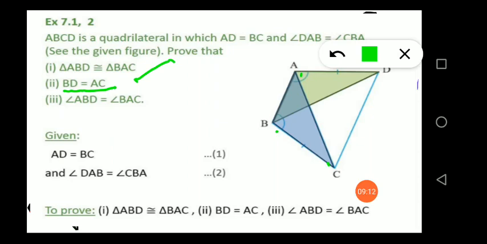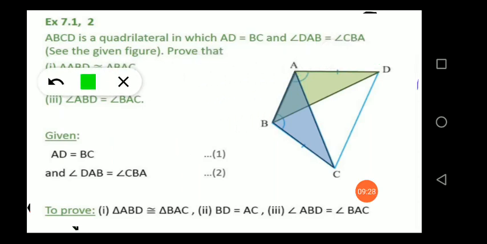So the most important thing which we want to prove is that the triangles are congruent. So let's see in the figure what are the three conditions we can use to prove the triangles equal. So we know that this side is given equal, angle is also given equal.